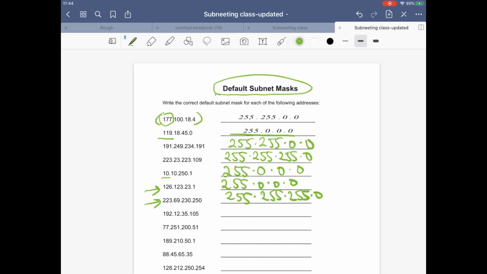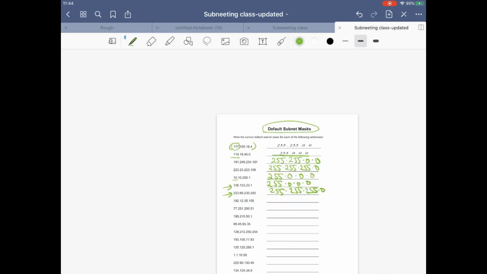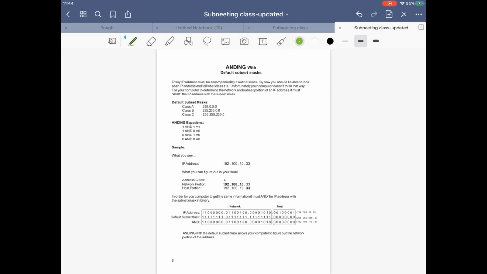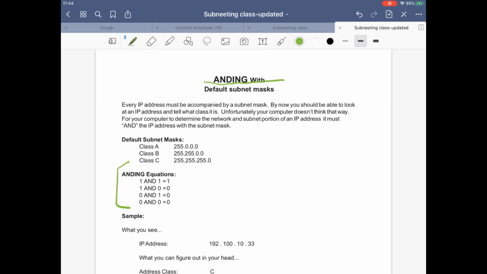Now, this one is important. Your computer will do this, ending with the default subnet mask. Every IP address must be accompanied by a subnet mask. Without a subnet mask, there is no value and no use of an IP address.